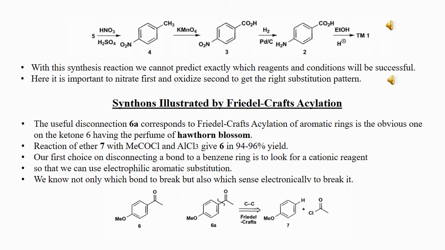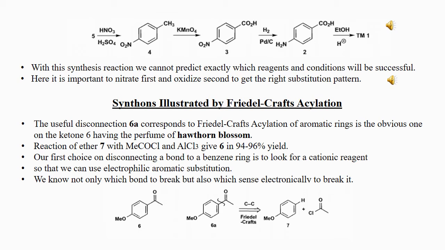Reaction of ether 7 with the other reactant, acid halide, and aluminium chloride will give 6 in 90 to 96% yield. This is an actual reaction. When 7 and acid halide react with each other, 6A is produced.